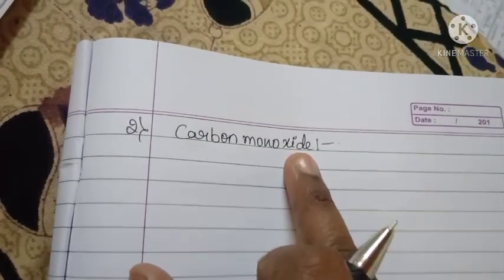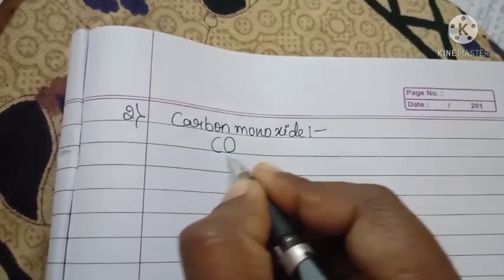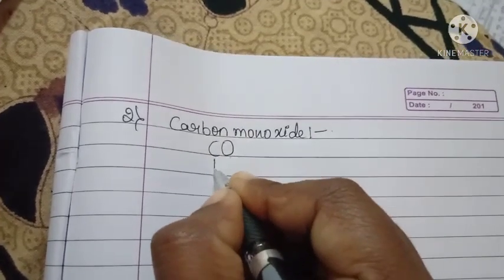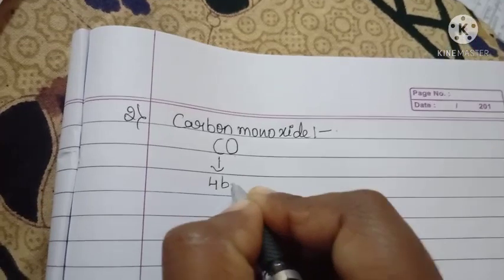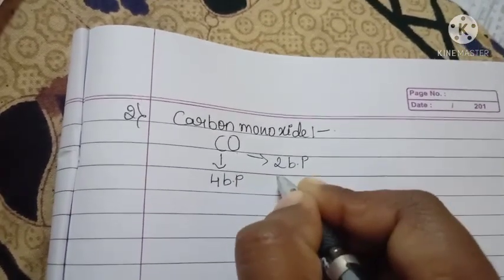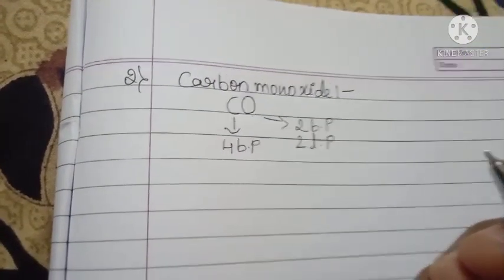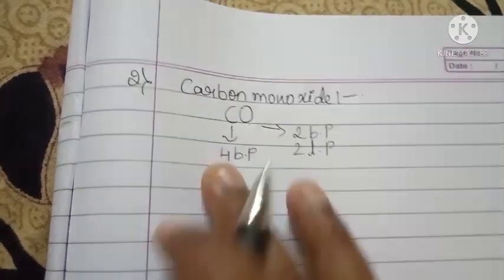Next, second one is carbon monoxide. Carbon monoxide means CO. Here carbon and oxygen: carbon has the 4 bond pairs, oxygen has the 2 bond pairs and 2 lone pairs. Okay, then here also 3 possible structures are there.